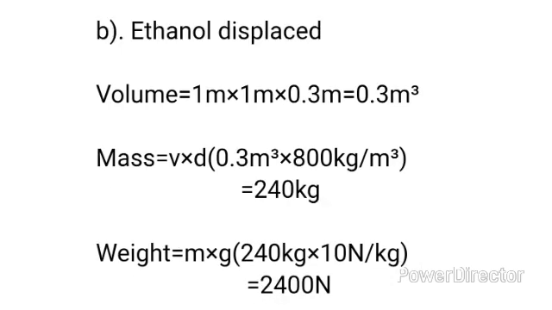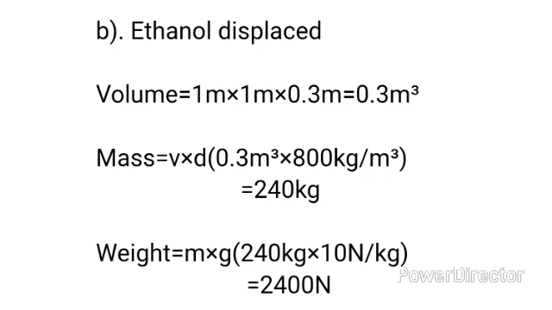Now, we are going to use the same procedure to calculate the weight of ethanol that was displaced. We've been told that only 0.3 meter height of that cube was under ethanol. So to get the volume, we multiply 1 by 1 by 0.3. That will give us 0.3 cubic meter.